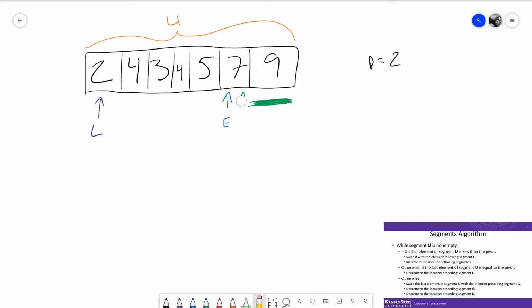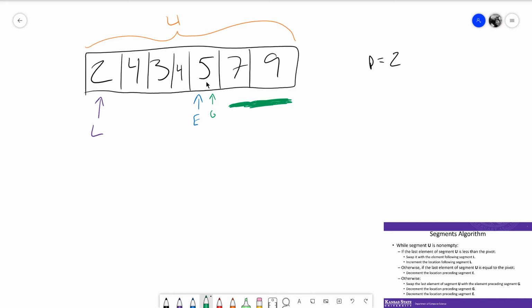G and E get moved here, and so we are basically increasing our segment. So let's just leave it there. 7 and 9 are now in segment G.